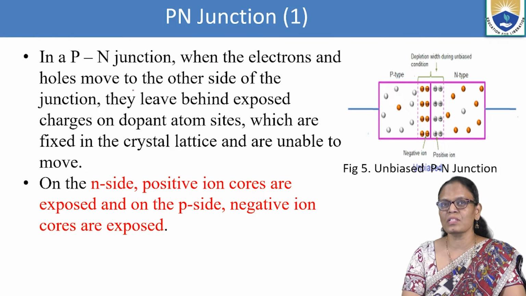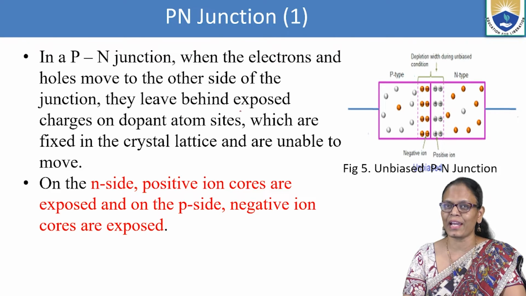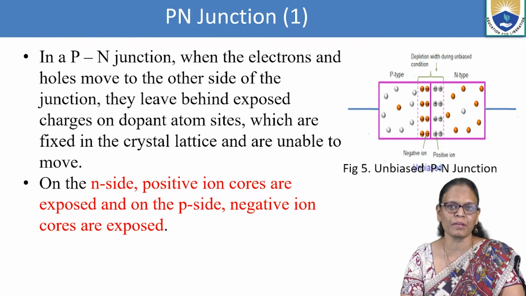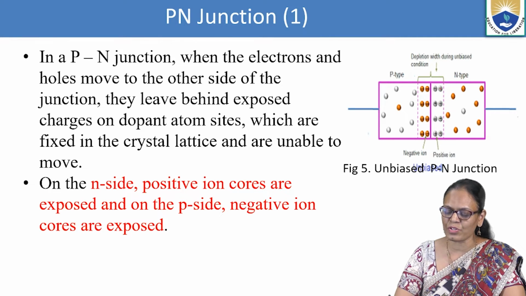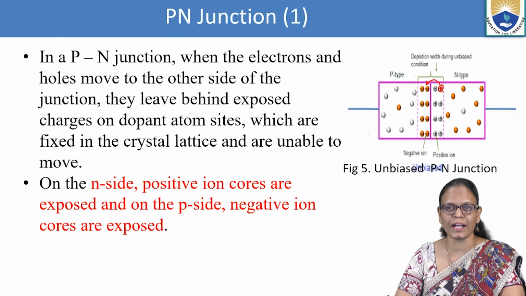Now, when the electrons and holes move to the other side of the junction, they leave behind exposed charges on the dopant atom sites, which are fixed to the crystal lattice and are unable to move. What we try to understand here is, when an electron from here moves onto the P side, it leaves a positive dopant atom site here, which is fixed to the crystal lattice and unable to move.